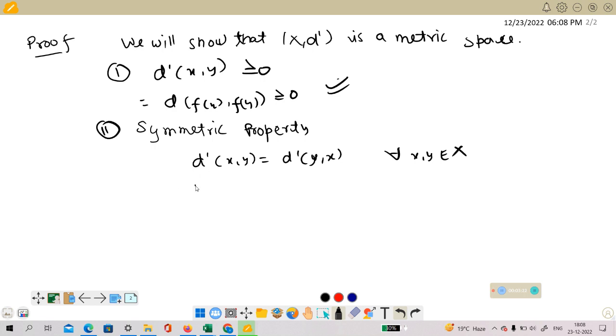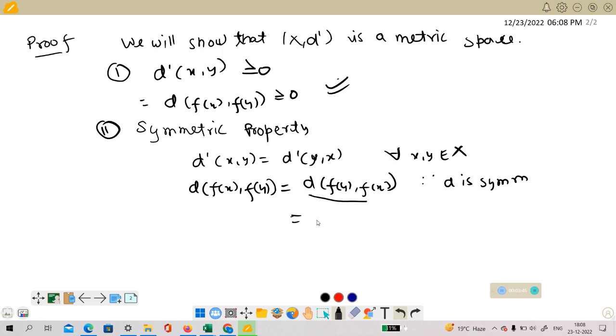Simply put the value of d'(x, y). This is d(f(x), f(y)), which is equal to d(f(y), f(x)), because d is symmetric, as we know (Y, d) is a metric space. This is equal to d'(y, x). Hence proved.